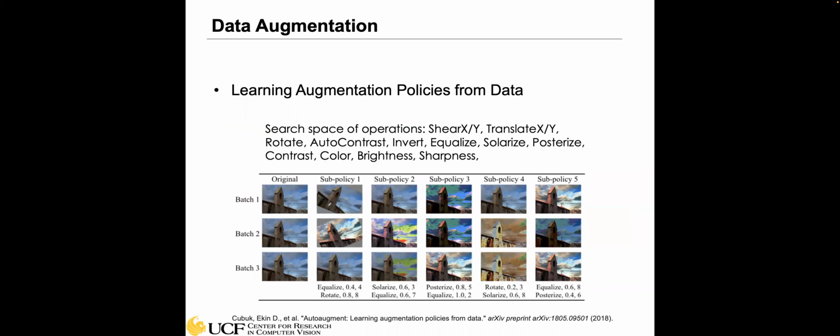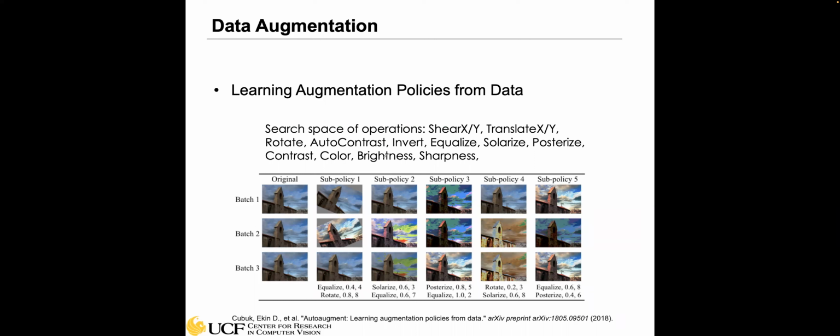And we also have this automatically learned policy for how you can generate or augment the data. Because we have so many operations we can use, translate, rotate, color jittering, contrast enhancement, brightness enhancement, etc., if we want to apply these techniques in a certain sequence, what's the best sequence to apply these different operations?